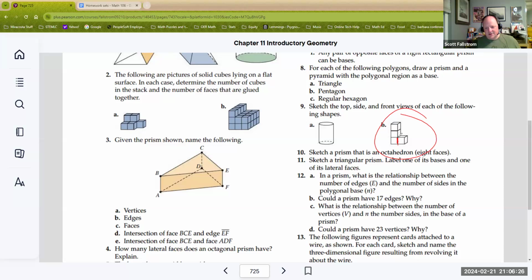Well, this little piece right here, there's a square between these two that is glued together. That is two faces that got glued together right there. And another two coming across the middle one here, and another two right in here. So 2, 4, and 6. So I got 6 faces that are glued together. Okay. So that's how you find the number of faces that are glued together.